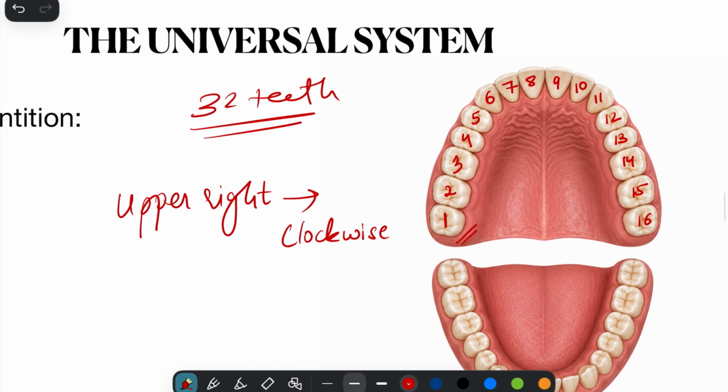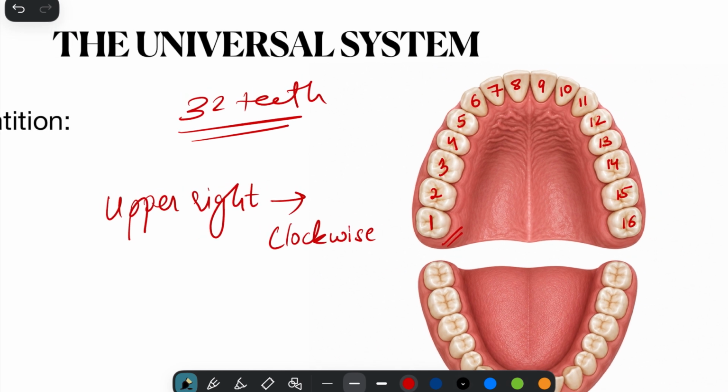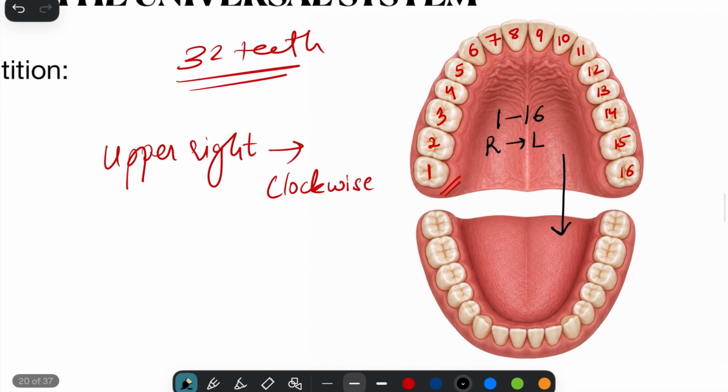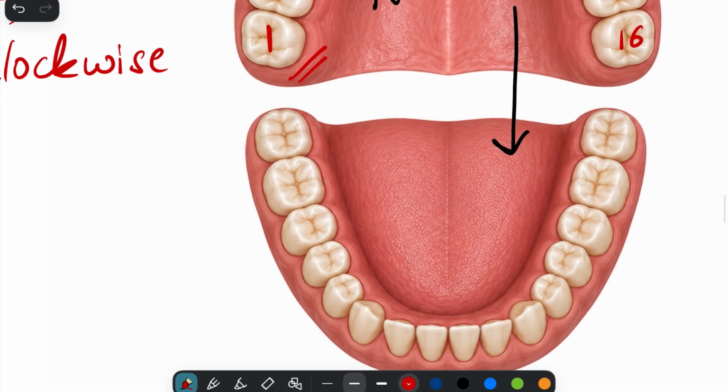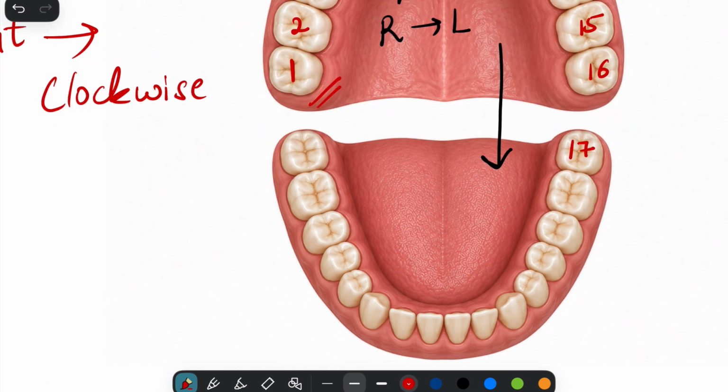As you can see here, the upper arch is numbered 1 to 16 from the right side to the left side. Now we can move to the lower left side. The lower left third molar will be number 17. Remember, lower starts with number 17, and upper ends at 16. 1 to 16 for upper.